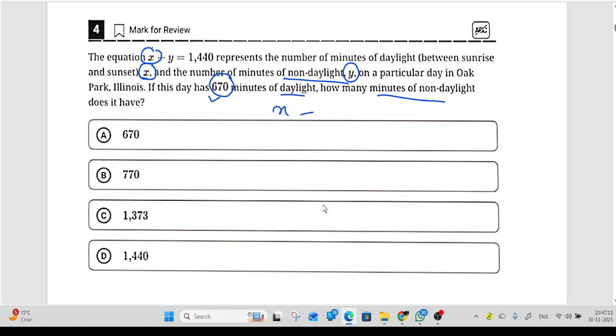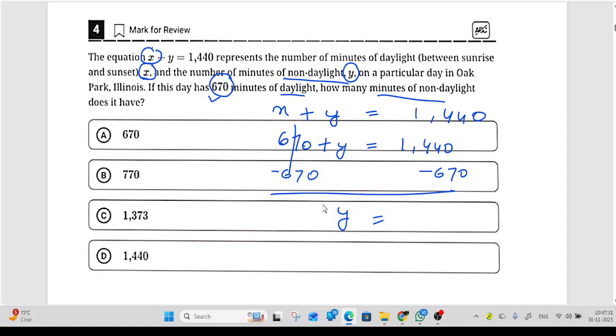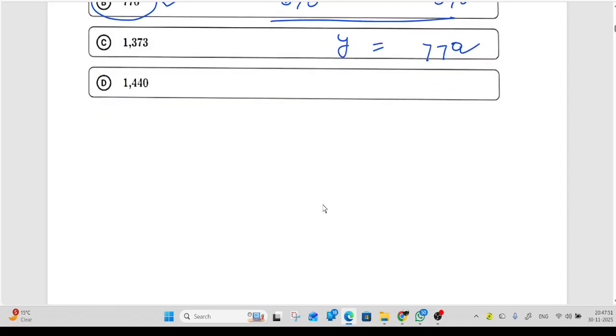So in place of x, this is my equation: x plus y equals 1440. X is given, which is 670, plus y equals 1440. So on both sides we subtract 670, so this will become 0, right? So we have y on this side, and if we subtract this, we'll get 0. 14 minus 7 is 7, and then this will give me 7. So 770. So this option is correct, right? Because y is non-daylight, that's why this is my answer. Let's see the next question.